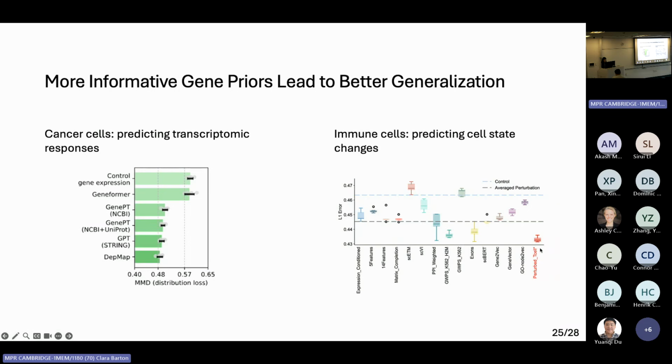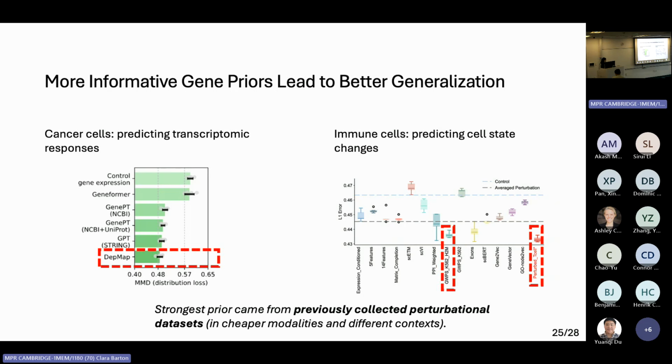There's one called perturb T cells, which is essentially taking all the prior literature that perturbs the T cells in one way or another in various different applications. And you see in both cases, the strongest prior to represent the gene actually came from previously collected perturbational datasets. They might have been a cheaper modality like measuring viability, or they might have been in a different context, like in this case. But the strongest prior always came from just similarly perturbing those genes.